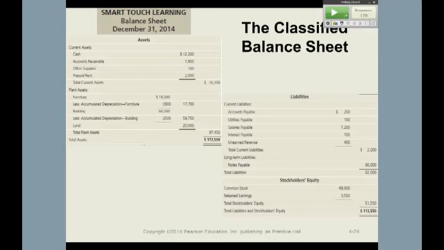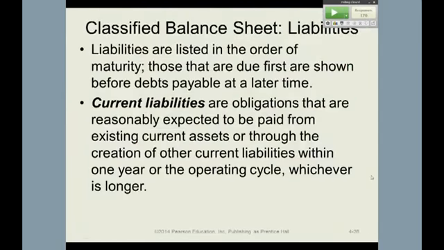Now, just one last point. We have to think about what we mean by the current classification. Current liabilities, again, are just like current assets in terms of time. Liabilities, of course, as I said, are listed in the order of maturity. Current come first, then long-term. The current liabilities, as we would think, again, it's a 1 year or operating cycle, whichever is longer.